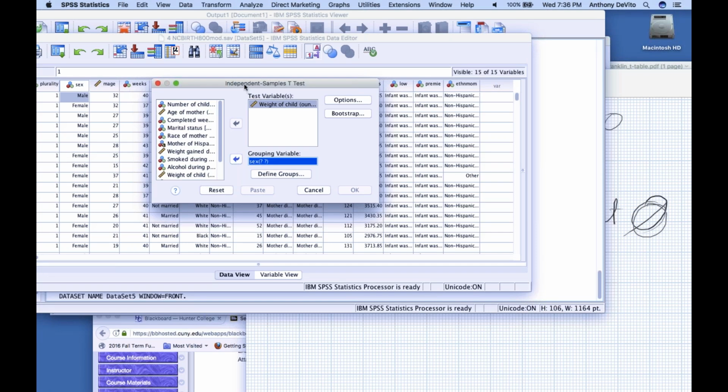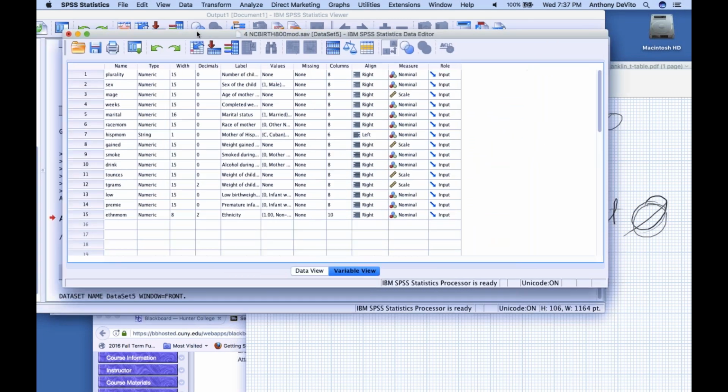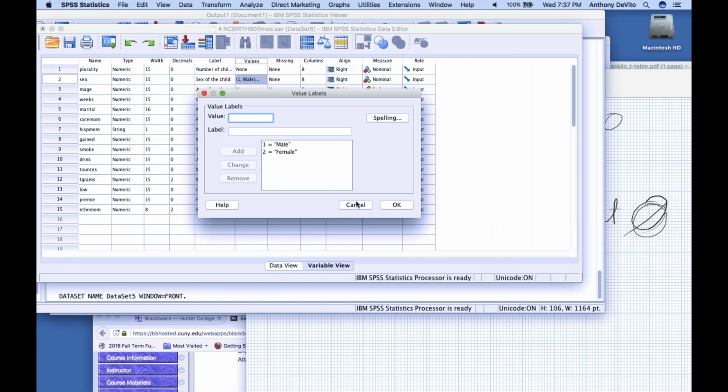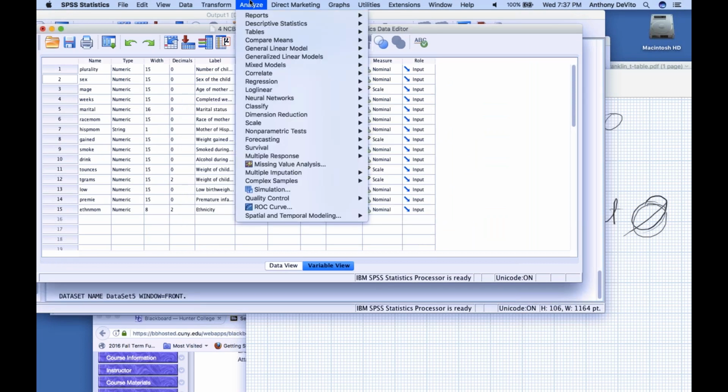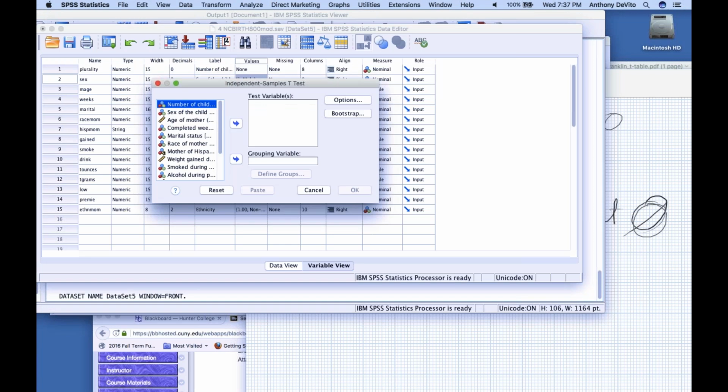Now I didn't bother to check, so I'm going to cancel this and do this. Okay, let's see. The gender of the child, okay, 1 is male, 2 is female. So those are the numbers I'm going to use. Analyze, compare means, independent samples t-test. I'm going to move the weight of the child into test variable. That's what I'm finding the average of. Test variable is always a numerical variable that I'm finding the average of, and that's the weight of the child.